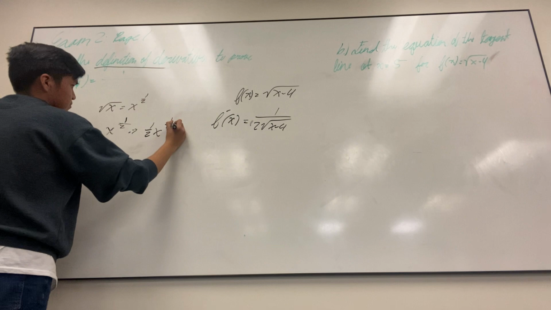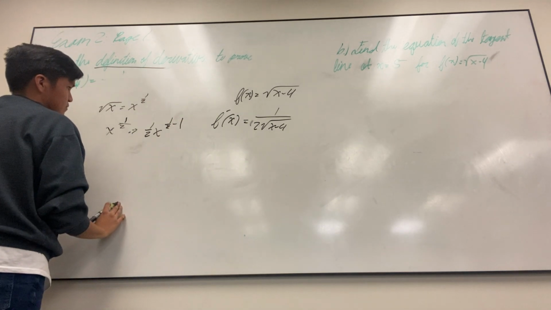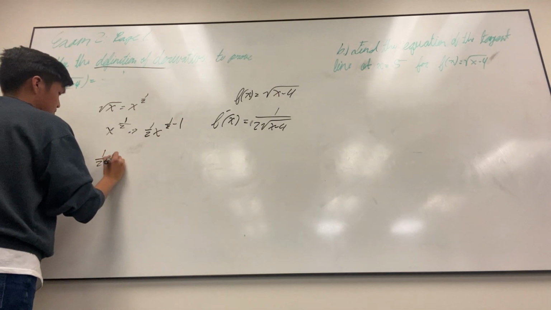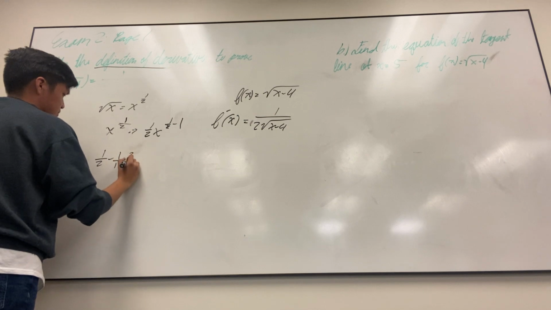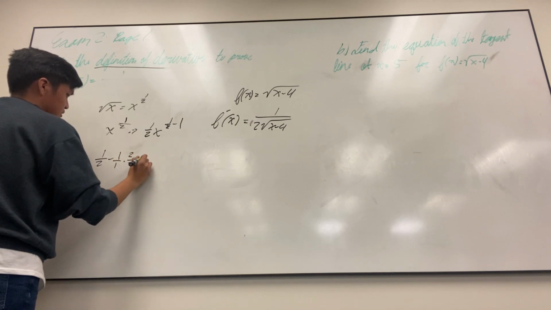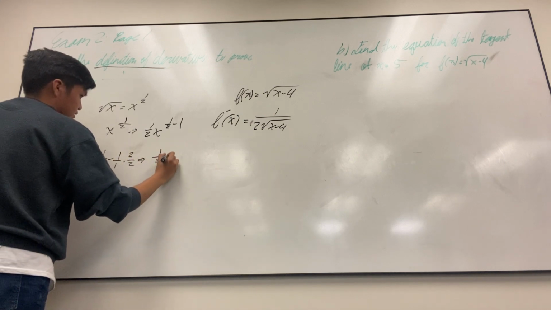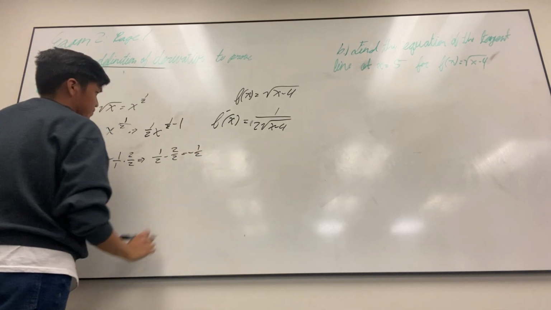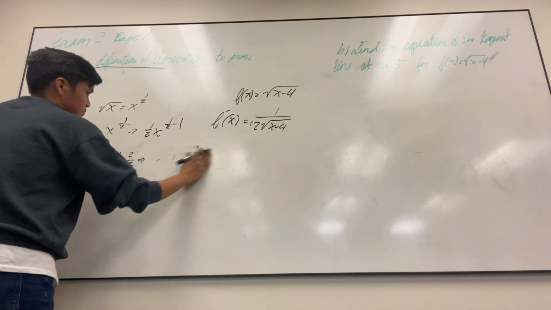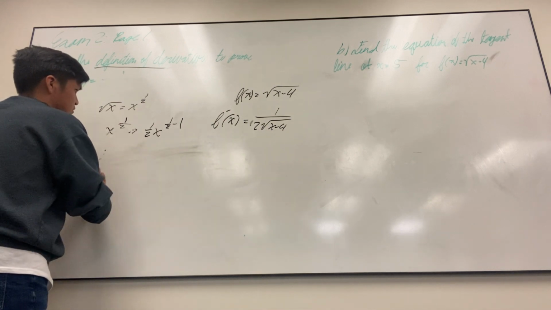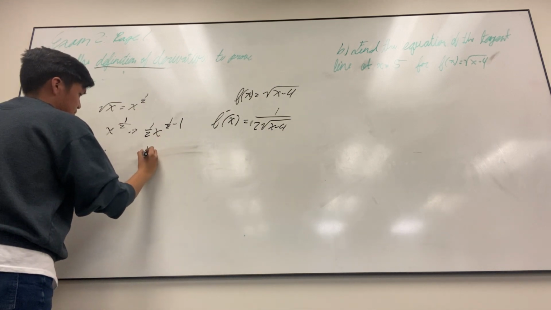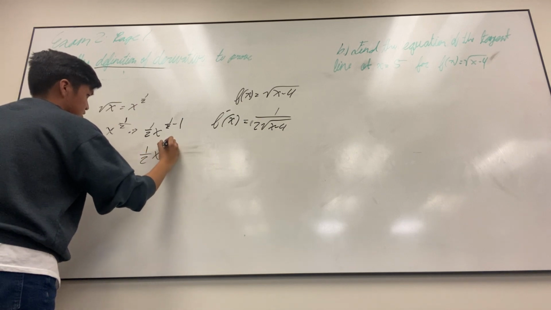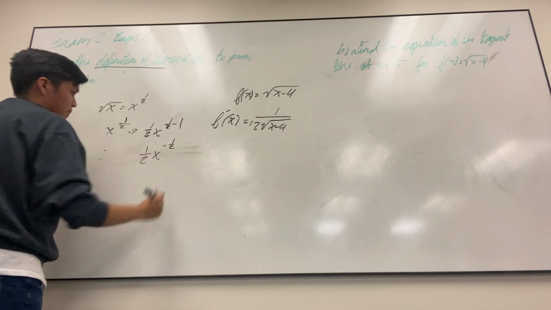Our next step is to minus 1. So 1/2 minus 1 times both by 2 to get common denominator. You're left with 1/2 minus 2 over 2, which is negative 1/2. So after finding that, your derivative would be 1/2 x to the negative 1/2.